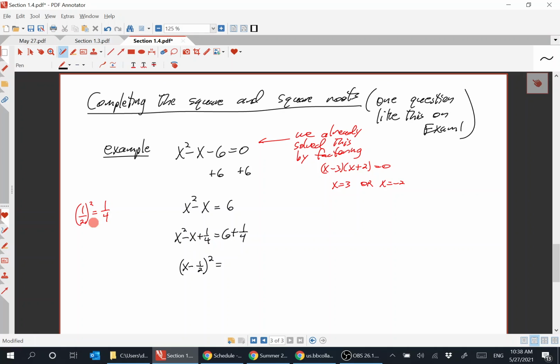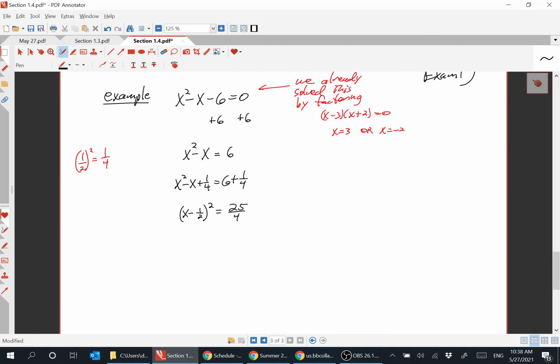When you take the coefficient of x, divide by 2, and square it, you get a quarter. Then x squared minus x plus a quarter is x minus 1/2 squared. 6 plus a quarter is 25 over 4, and 6 is 24 over 4, so that's 25 over 4.